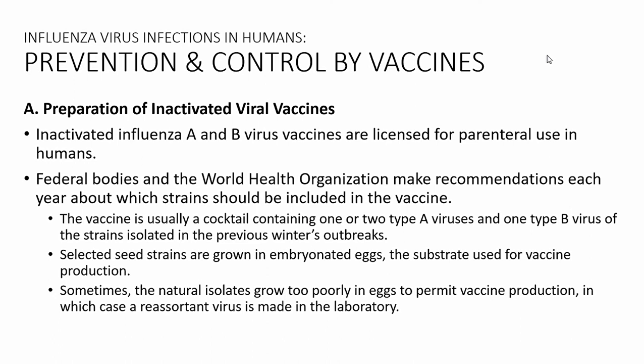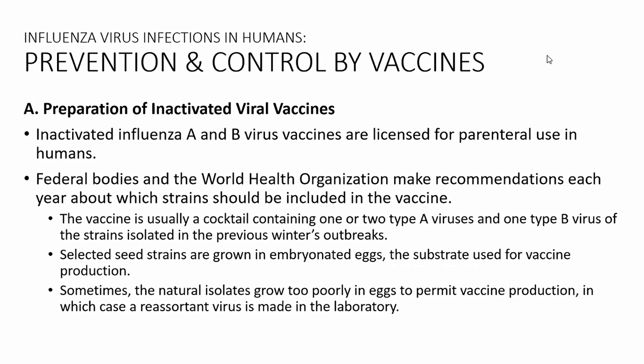So for the preparation of inactivated viral vaccines, inactivated influenza A and B virus vaccines are licensed for parenteral use in humans. Federal bodies and the WHO make recommendations each year about which strain should be included in the vaccine. The vaccine is usually a cocktail containing 1 or 2 type A viruses and 1 type B virus of the strain isolated in the previous winter's outbreak.